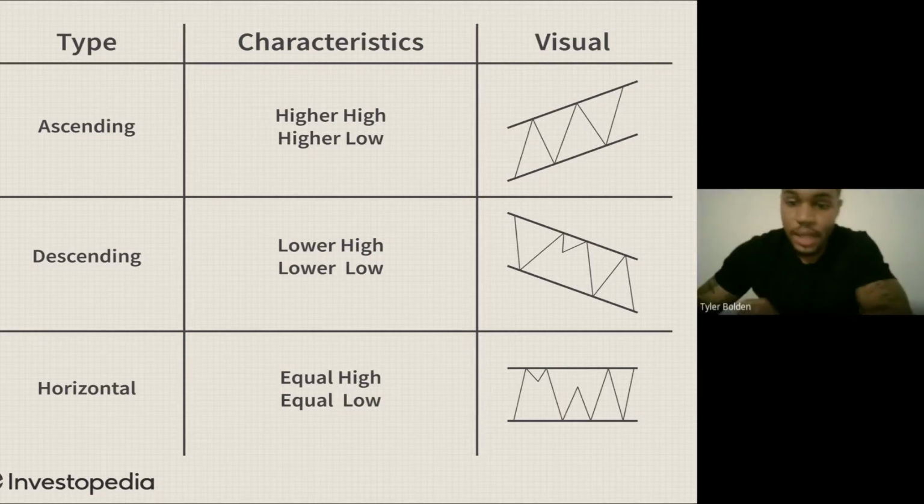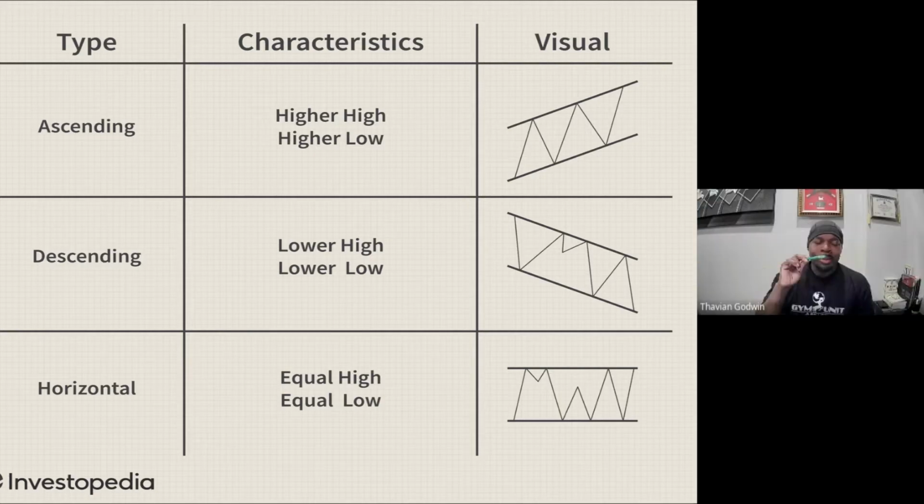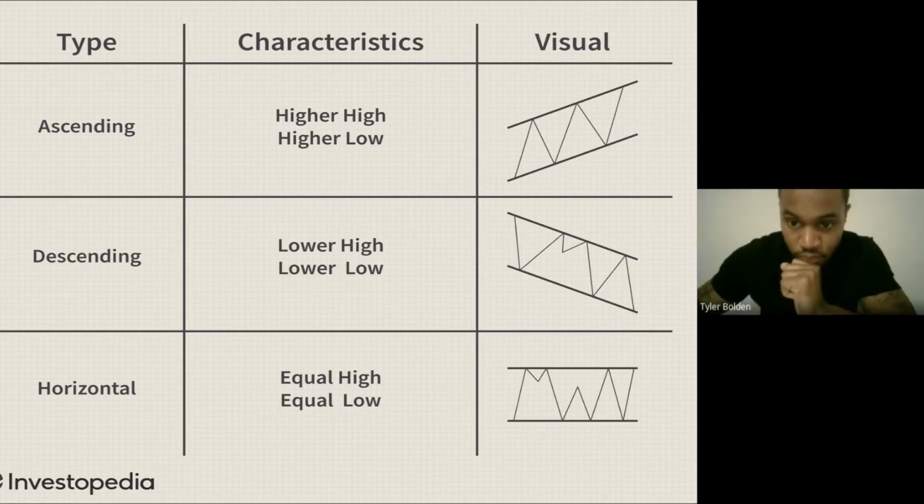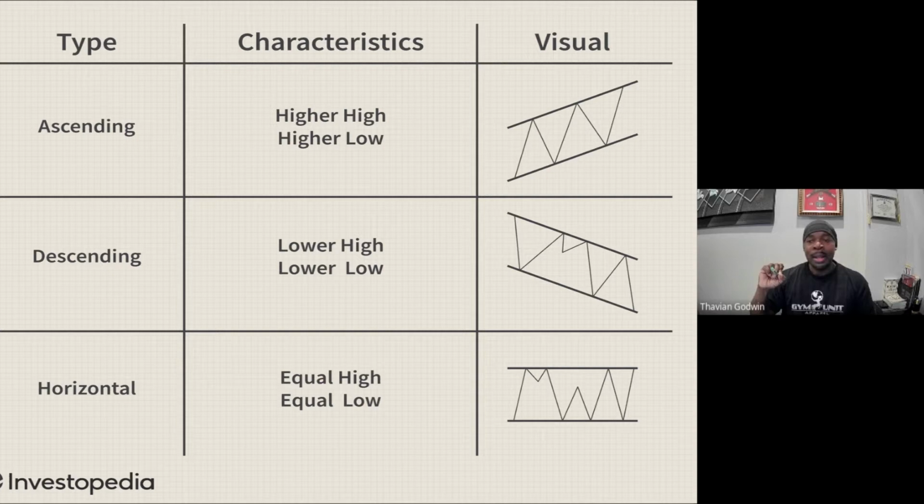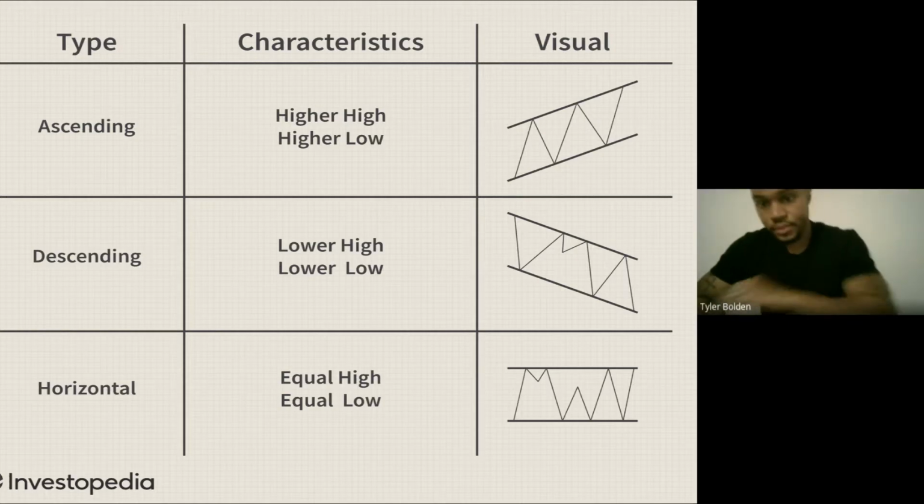I'm sorry, repeat that. Say that again. I said I'm trying to reiterate that part, make sure I understand the verbiage. So on your higher highs and lower lows, if it was starting at the top, then it fell down, and then it went back up, but it didn't go up as far as the previous. Yeah, there you go. It's high, but it's lower than the previous high. There you go. That's it right there.